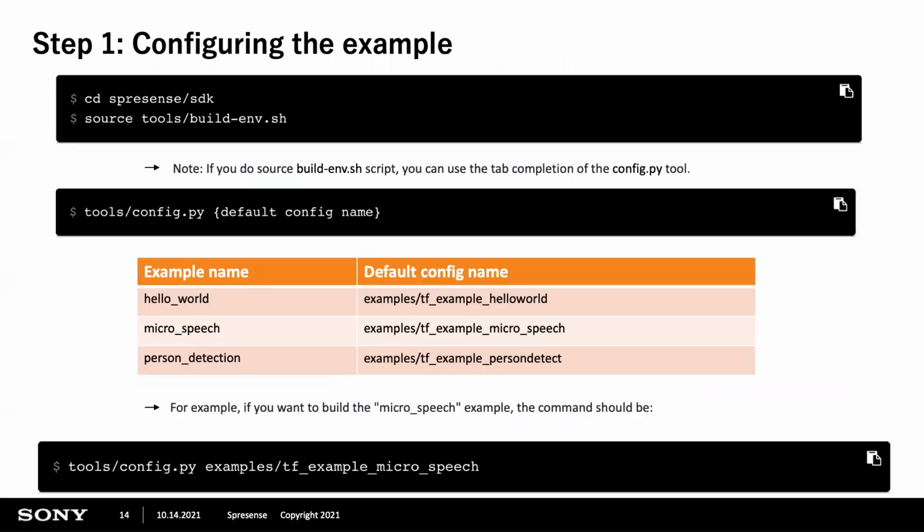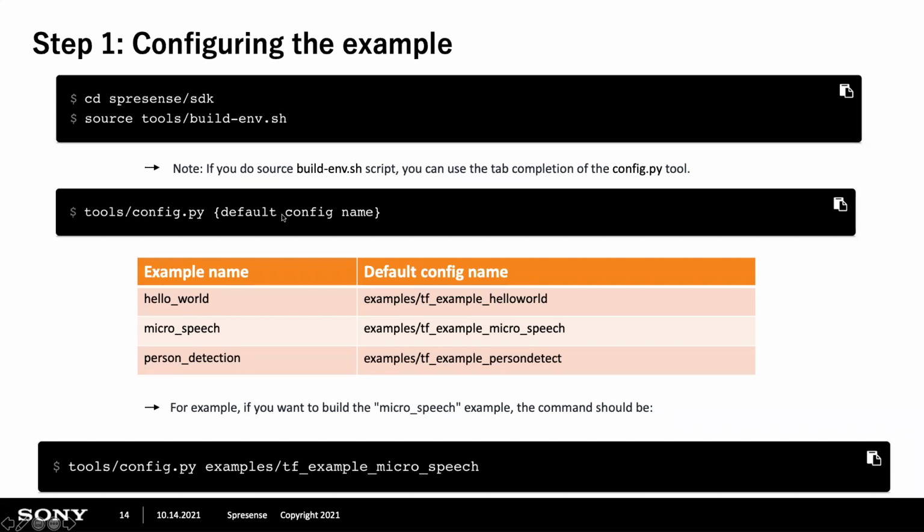We are done with the build overview. Let's look at the commands. We are going through the different steps. We have to switch to the Spresense SDK, as I mentioned before, and then we run some kind of setup. Then you can use tab completion on the command line. And now we need to do the configuration. You use the config.py under tools to configure for each example.